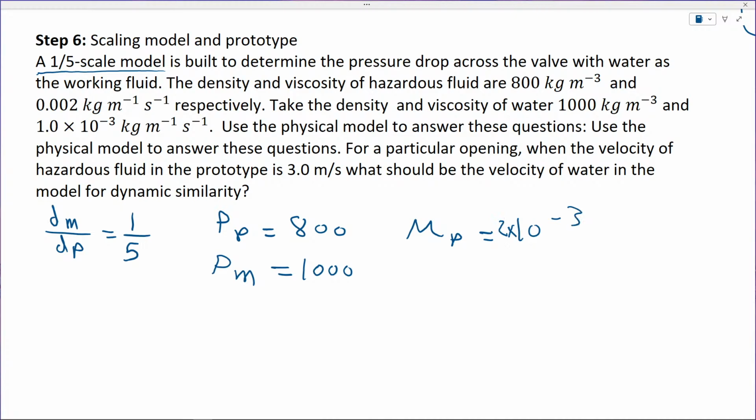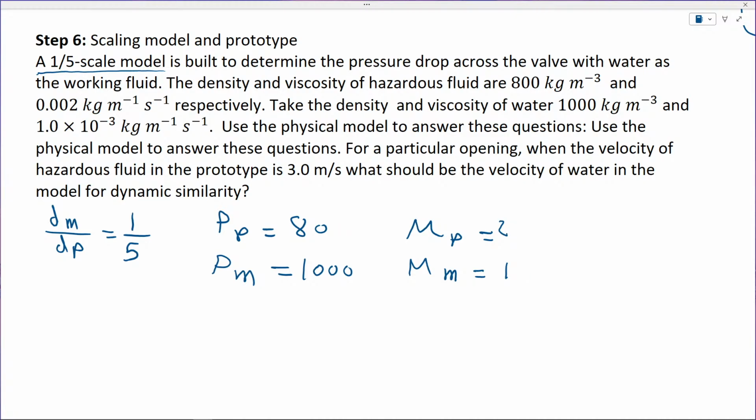And the viscosity of the model, that's of water, is 1 times 10 to the power minus 3. Again, do we need this? No, it's 10 to the power minus 3 in both cases. You can just delete this all, just 2 to 1, because that's all you need.